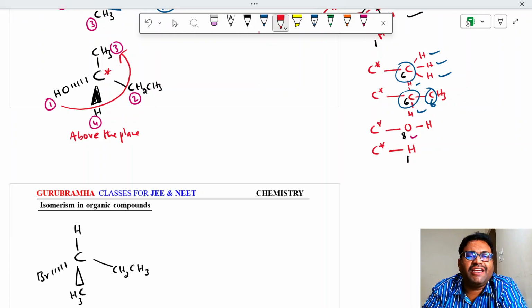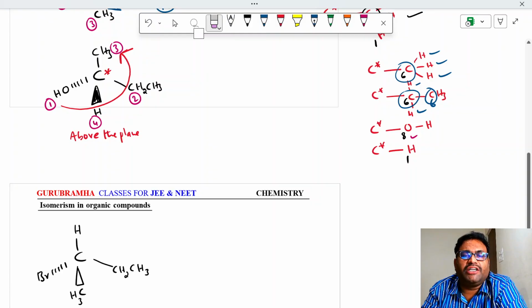Yes. You are finding this arrow moving anti-clockwise. So actually you have to give it as an S molecule. But as the least priority group is above the plane, you have to write the opposite of what you observe.